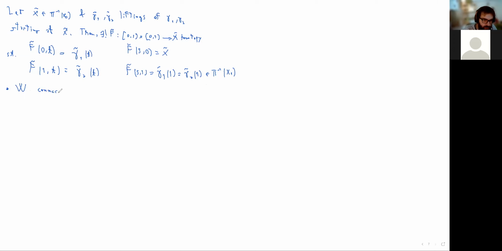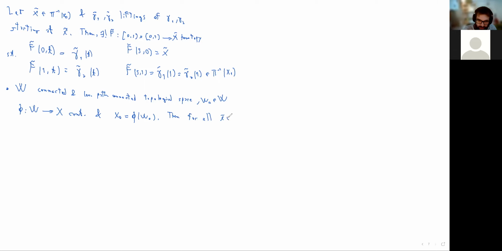So if W is a connected and locally path connected topological space, and we fix a W0 in W, and a map phi from W to X, which is continuous and such that x0 is phi of W0, then for all x tilde in this preimage, there exists a unique lifting of this map.